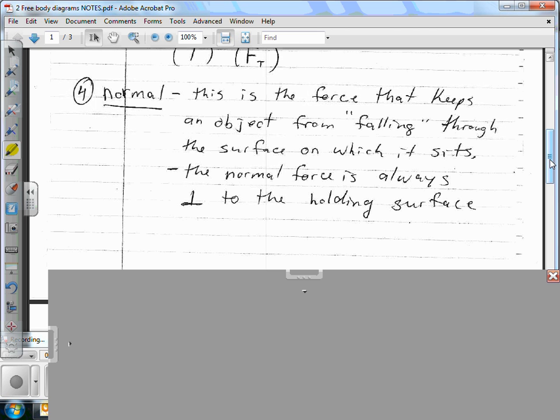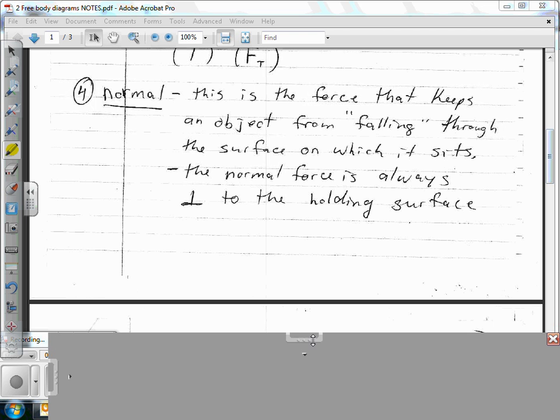Okay. So this is the force that keeps an object from falling through the surface on which it sits. The normal force is always perpendicular to the holding surface. Okay?